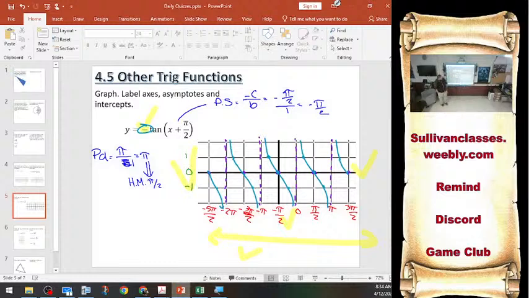I was kind of being facetious here. This is cotangent. This is a half-period translation and reflection of tangent, which is cotangent. Y'all got your unit circle? Okay. What is the tangent of 0?